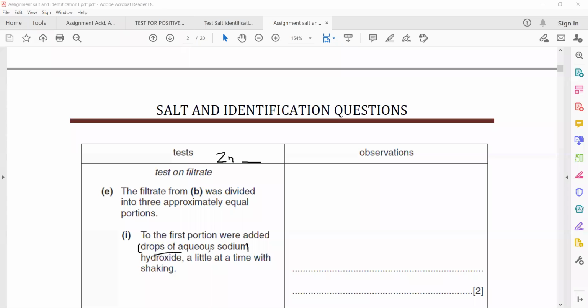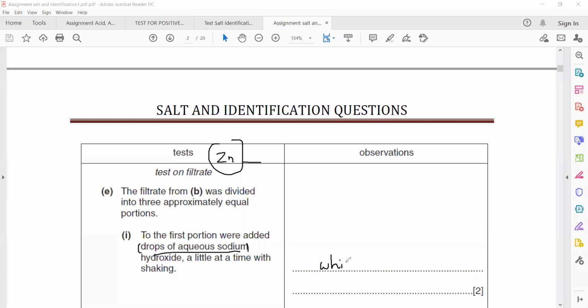If I add drops of sodium hydroxide to a zinc salt, what is my observation? It's a white precipitate.